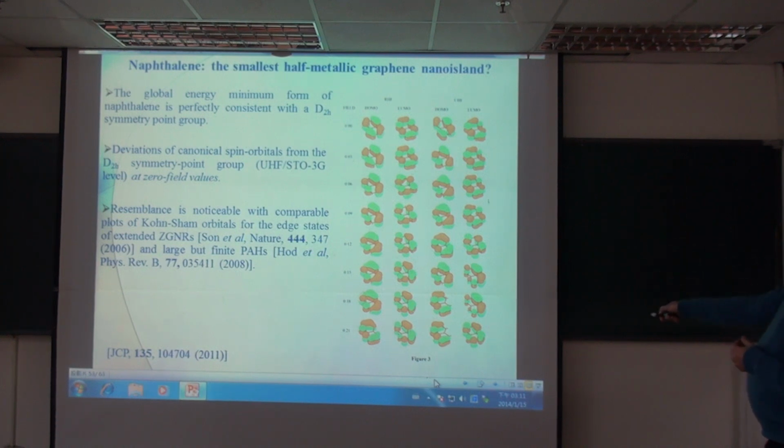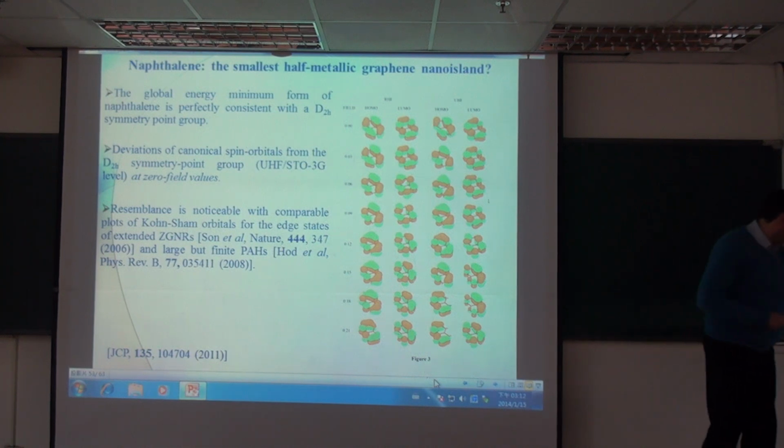But if you compare these plots, you will find that they are very comparable with Kohn-Sham orbitals for the H-tails of extended zigzag graphene nanoribbons, as was published by Son et al. in Nature. It's exactly the same kind of plots, or enlarged with finite polycyclic aromatic hydrocarbons, as was the case by Hod, Scuseria et al. in a Physical Review B paper in 2008. So basically, this is exactly the same thing.